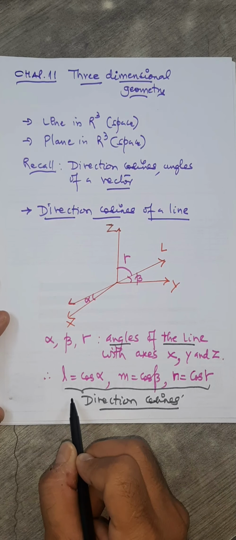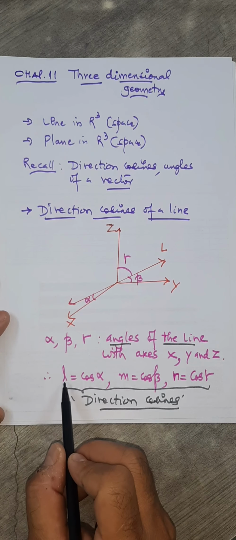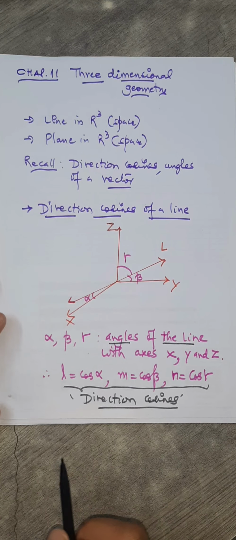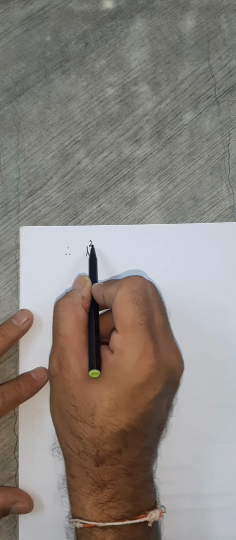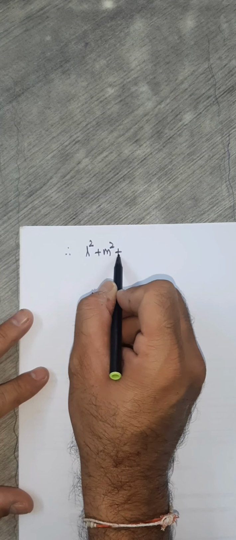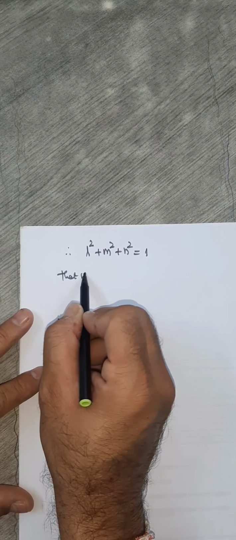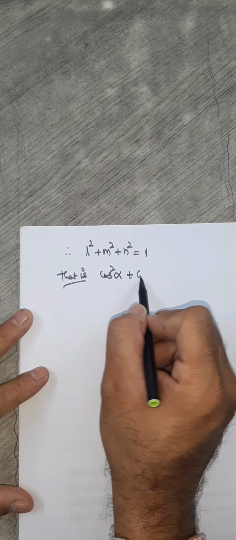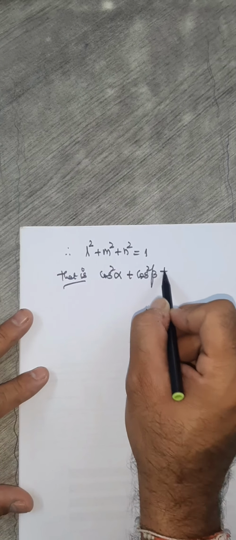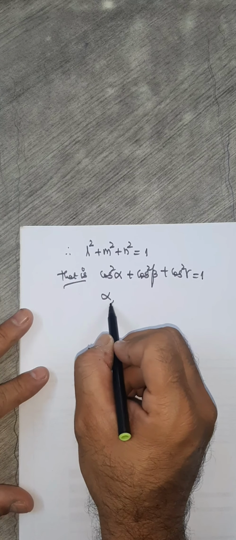Usually these three, cos alpha, cos beta and cos gamma, are represented by l, m and n. And this is a very standard relation: l square plus m square plus n square is always 1. That is, if alpha, beta and gamma are direction angles, then cos square alpha plus cos square beta plus cos square gamma is always 1.